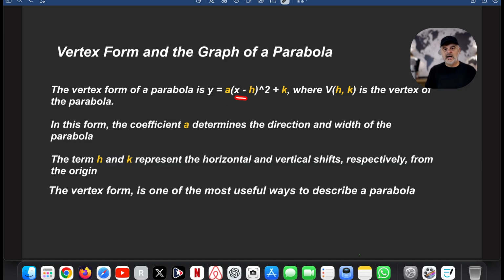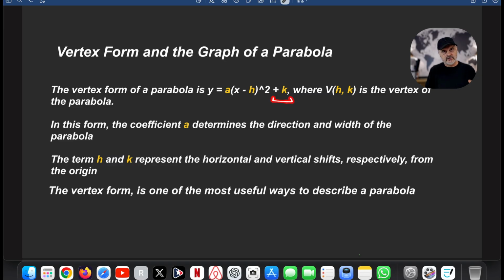And x minus the value of h represents the shift of that quadratic function to the right. If it's x plus a value, it will be to the left. And then this is the vertical shift up or down, depending on whether you're adding or subtracting.